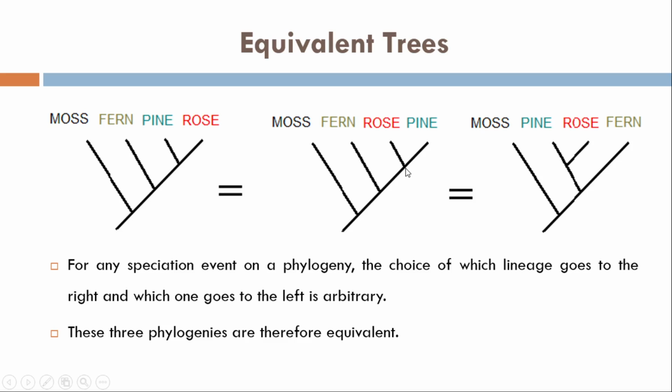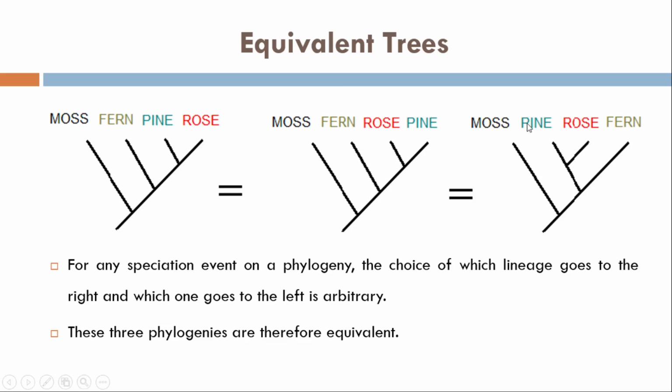Is there any difference? There is no difference. Either you can put pine first, then rose, or vice versa. This is simply shuffling of the taxa. Shuffling of the taxa doesn't change the meaning of the trees. That's why these are known as equivalent trees.